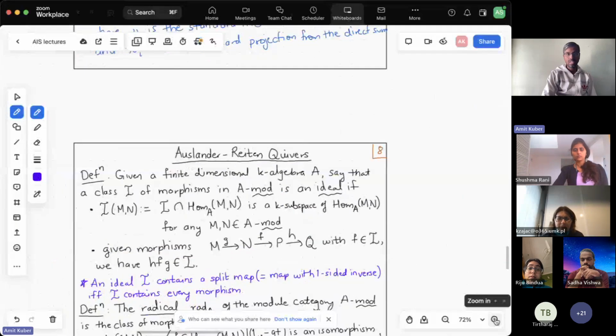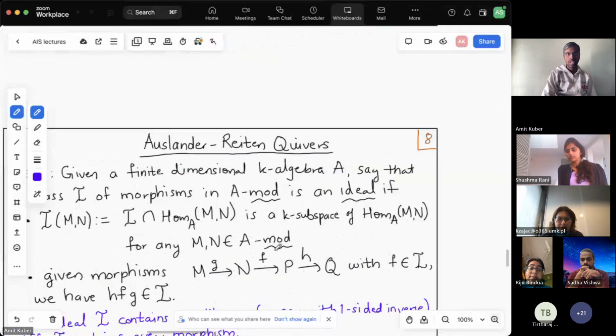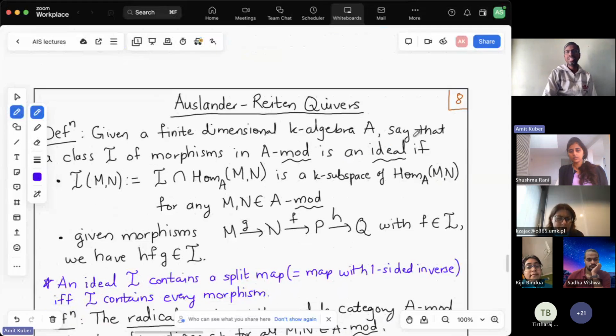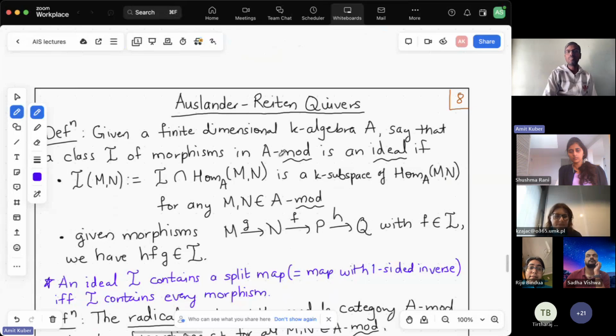So what is the next thing to do? Given a finite dimensional K-algebra A, say that a class I of morphisms in A-mod is an ideal. Well, this is just modeled on the usual definition of ideals of a ring. What are the two conditions? It should be a subgroup.